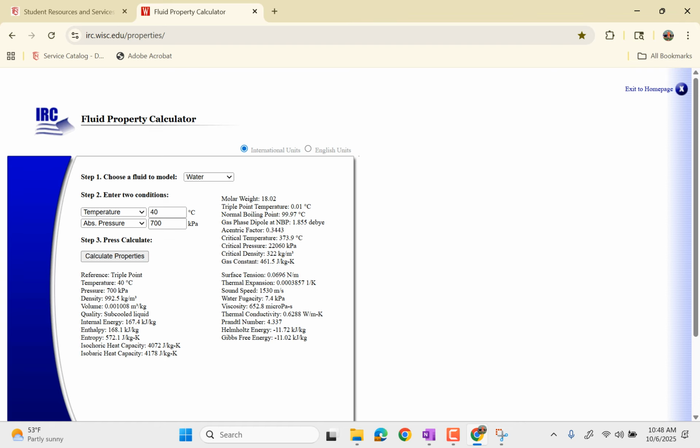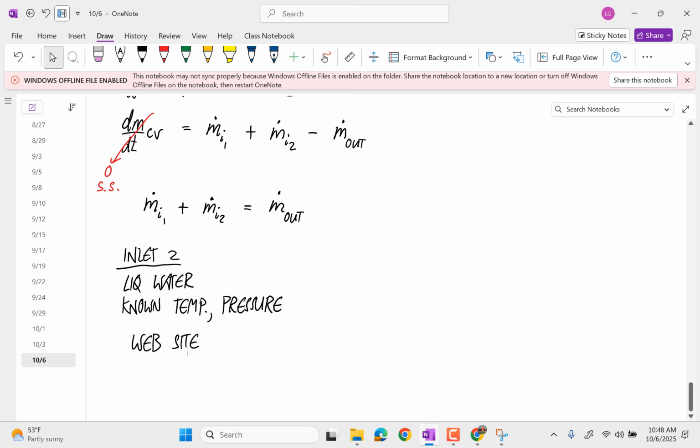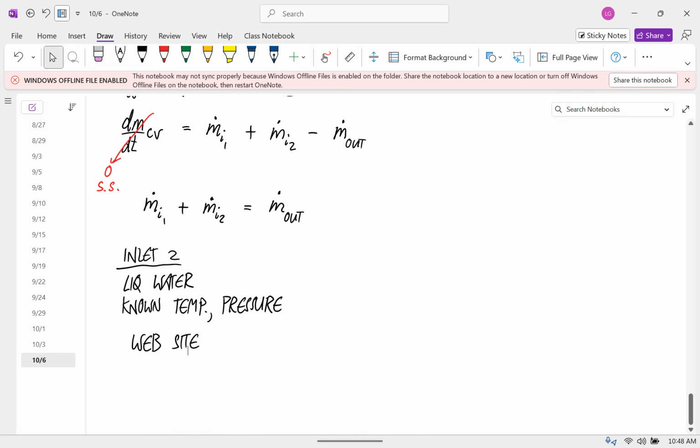Okay, so subcooled liquid or a compressed liquid, and so what we need here is the specific volume, and we can see it's 0.001008. So the website tells us that the specific volume is 0.001008.